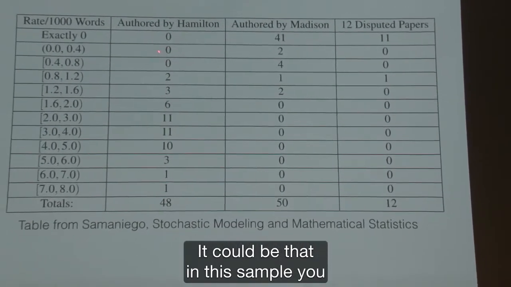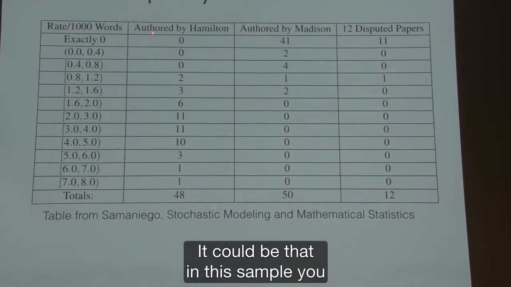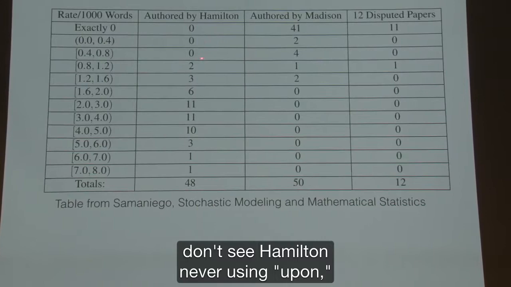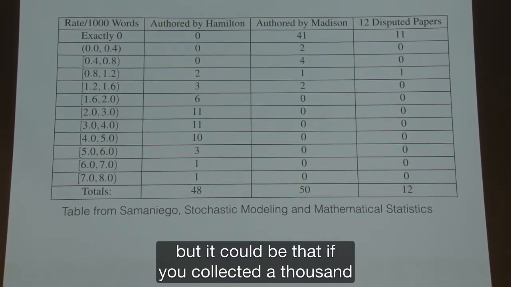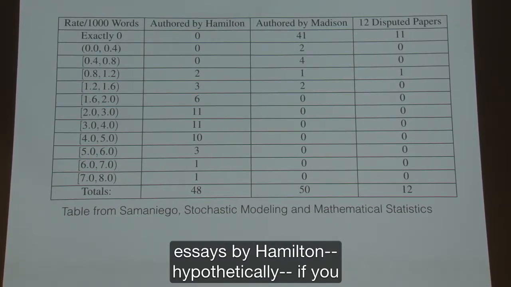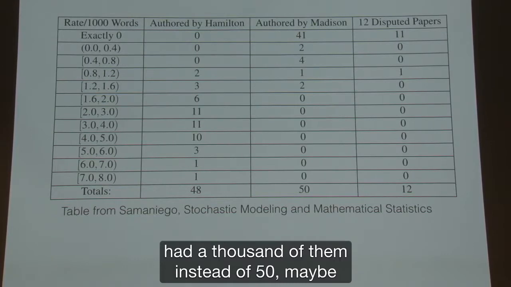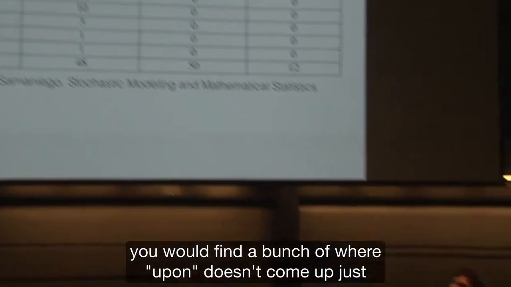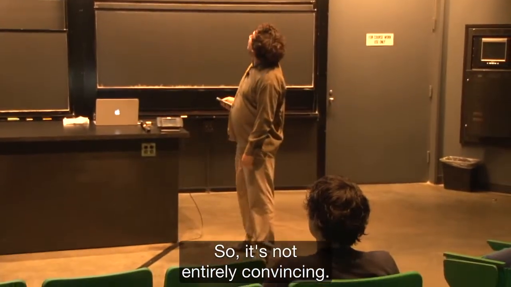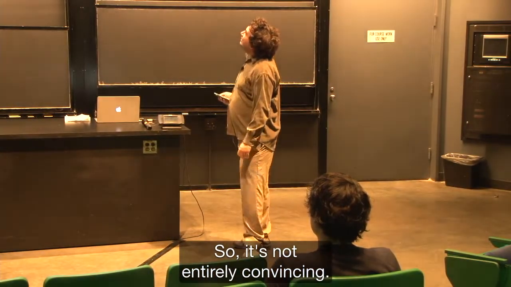It could be that in this sample you don't see Hamilton never using "upon", but if you collected 1,000 essays by Hamilton, hypothetically, instead of 50, maybe you would find a bunch where "upon" doesn't come up just by chance, okay? So it's not entirely convincing.